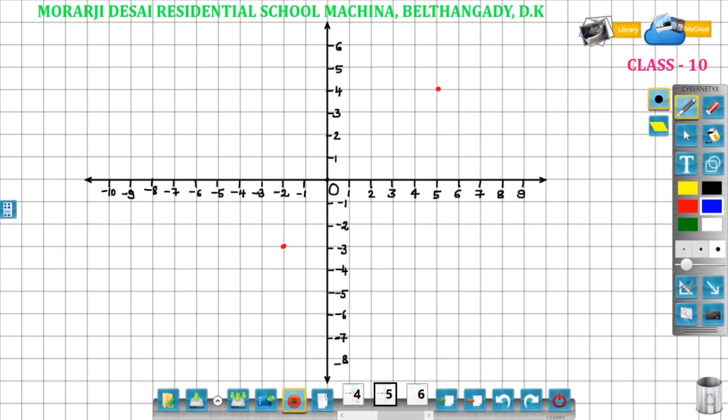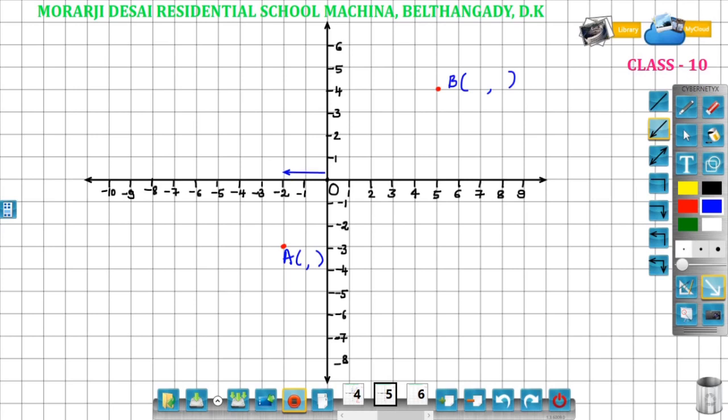Name it as A and B. Now, how to find the distance between the points A and B? First, write the coordinates of A and then write the coordinates of B.